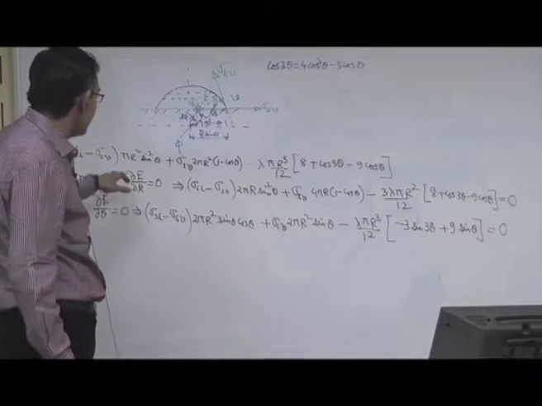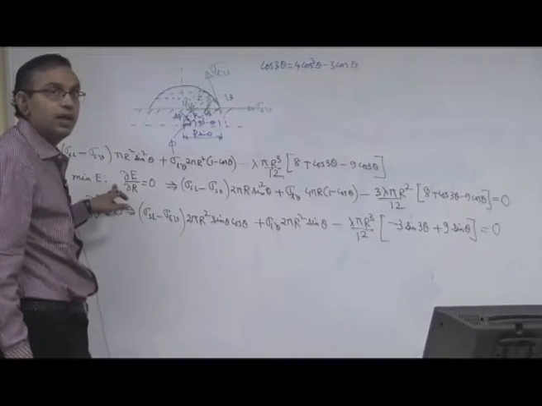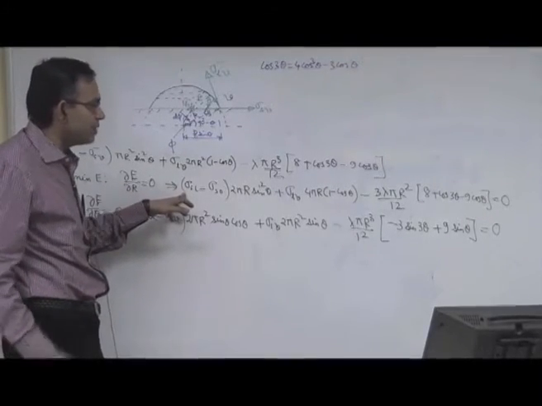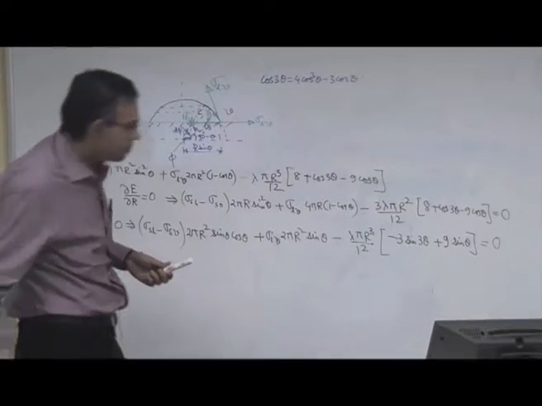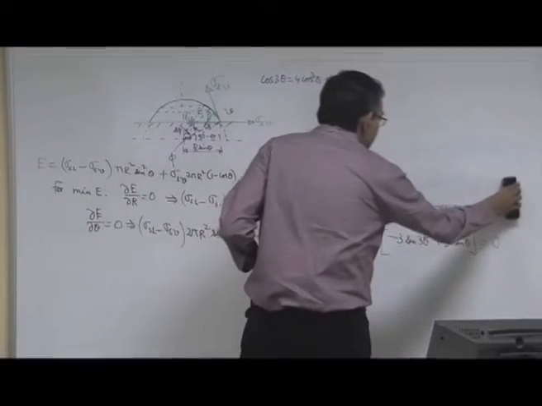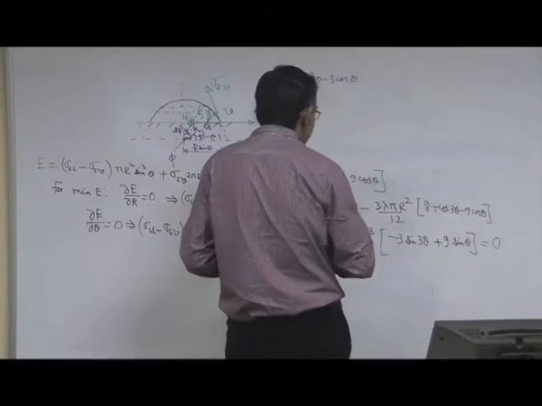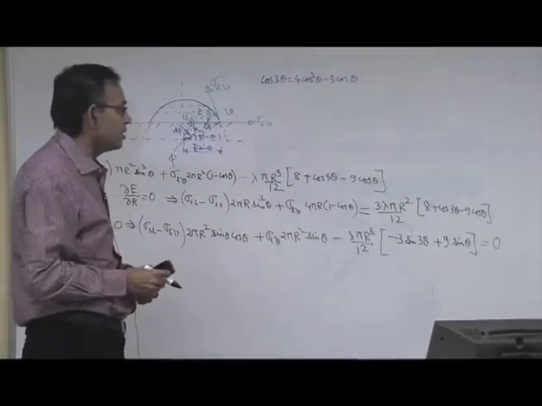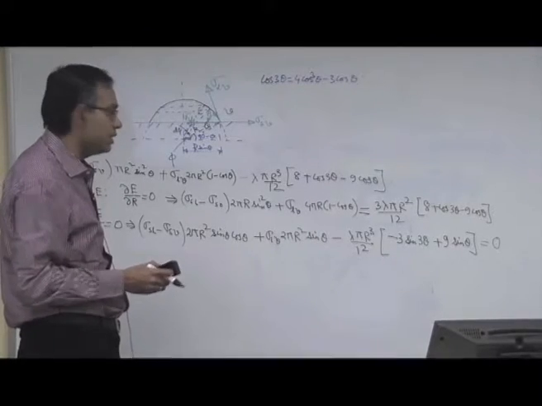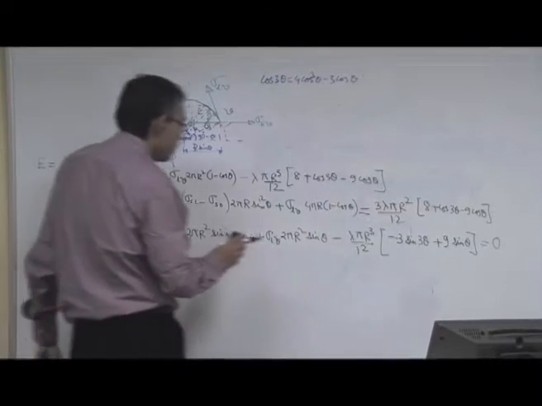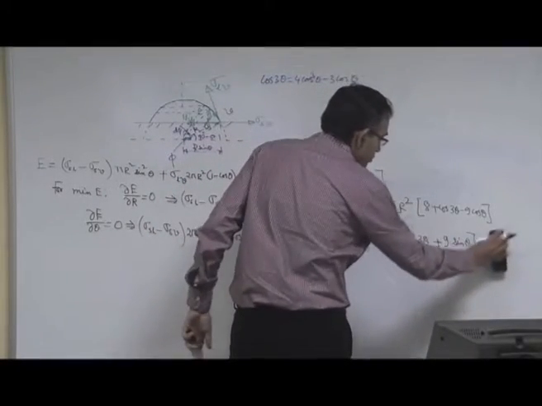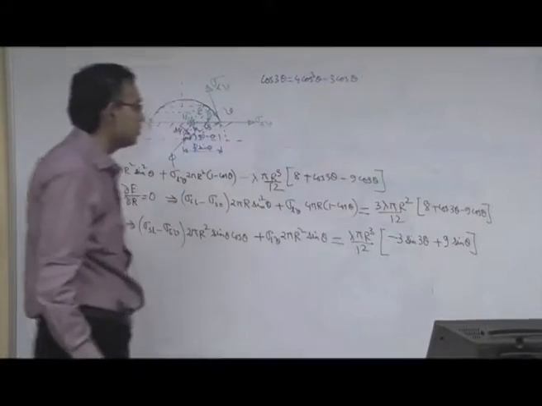So, the first expression, partial derivative of E with respect to r equal to 0, yielded this particular expression. We can rearrange that and write this is equal to 3 lambda pi r square by 12 into 8 plus cos 3 theta minus 9 cos theta, and this also we can rearrange to get this form.